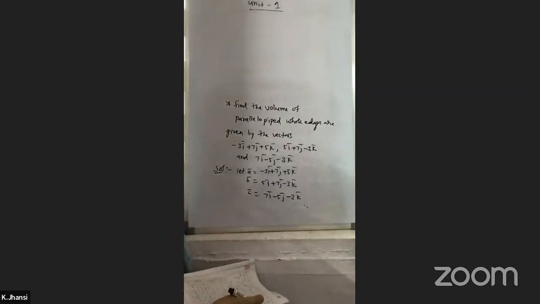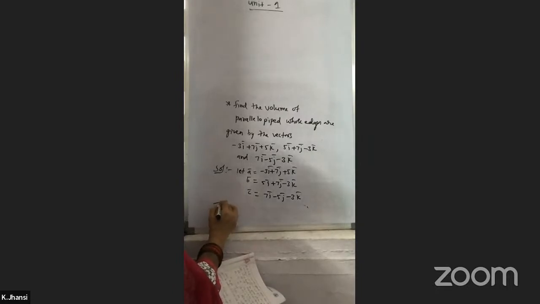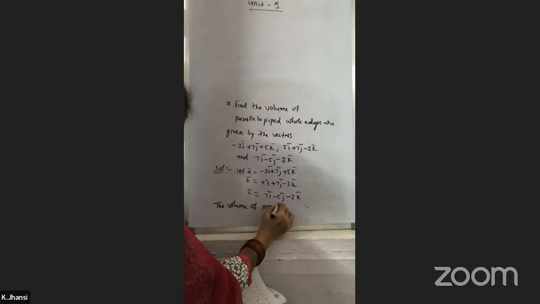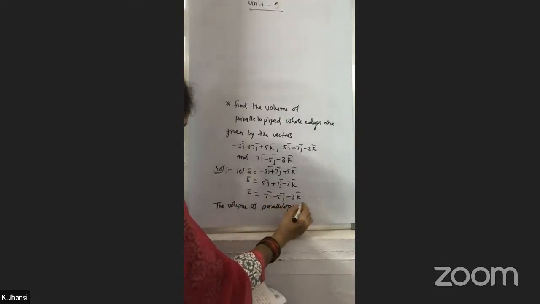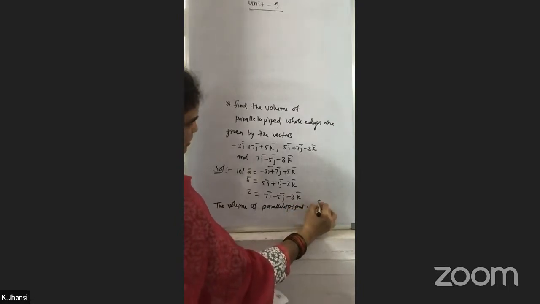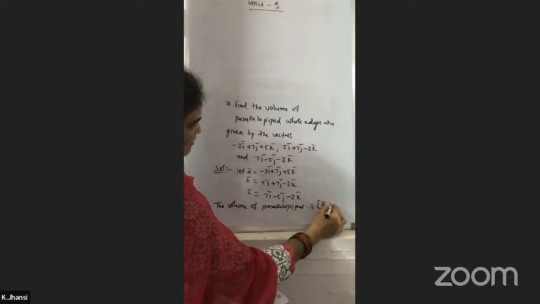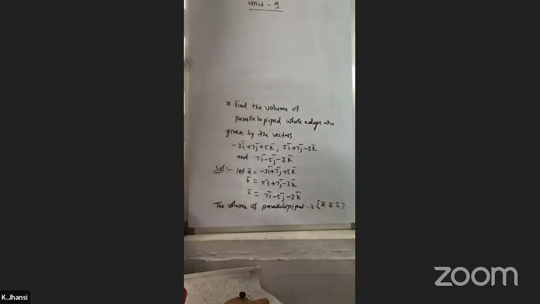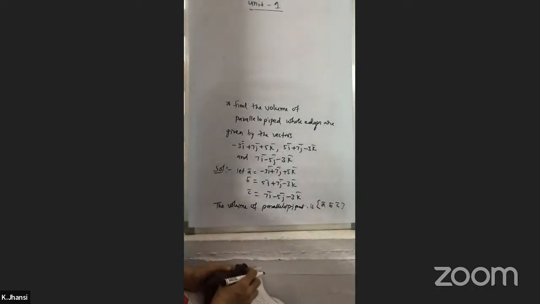Then the volume of the parallelepiped is the triple product of vector A, vector B, vector C. That means it is vector A dot B cross C.